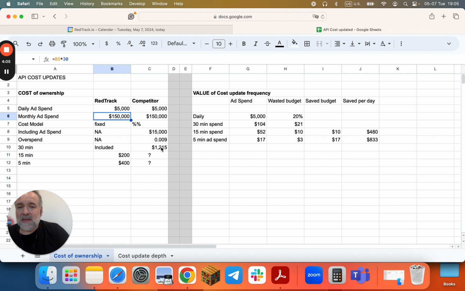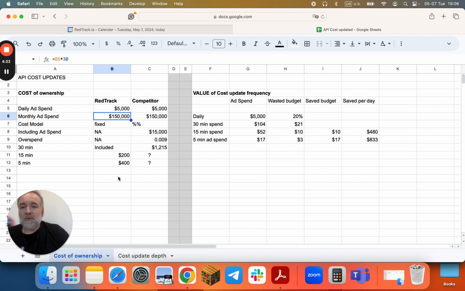I guess the percentage will be just high. Again, it will be our position on the market. Yes, it's a very lucrative approach to charge a percentage, but we believe that the cost of an ad tracking solution, being a MarTech solution, is a subscription. It should be predictable. So that's why we stick to the fixed cost model.